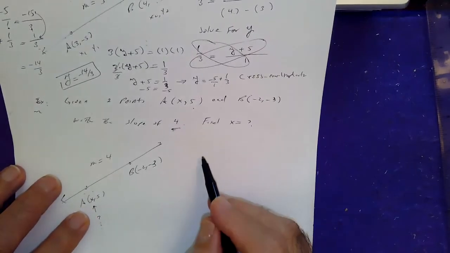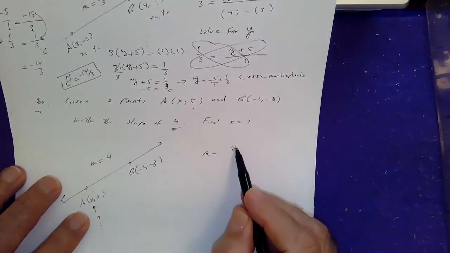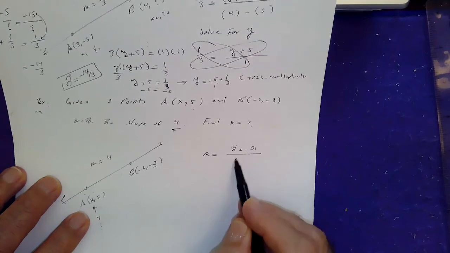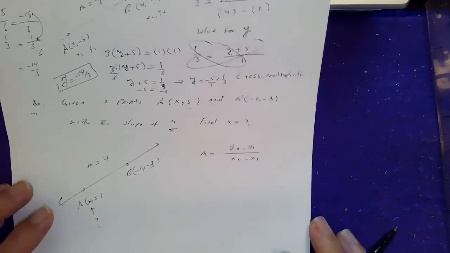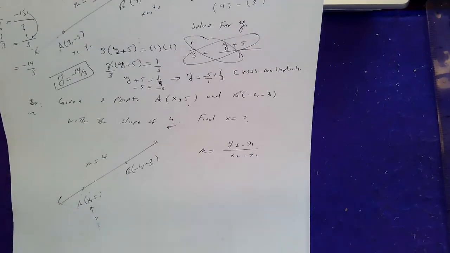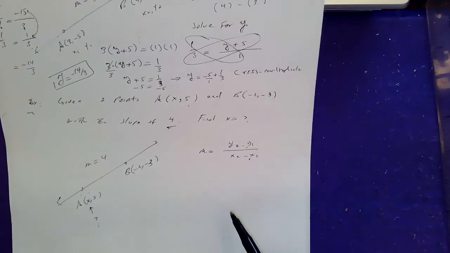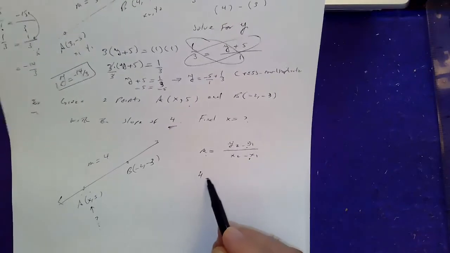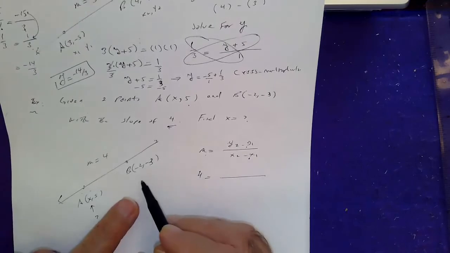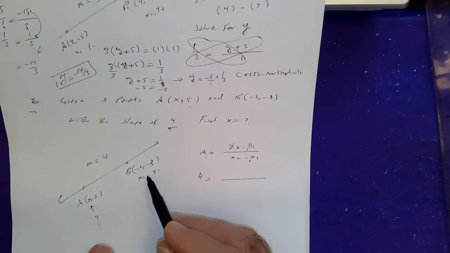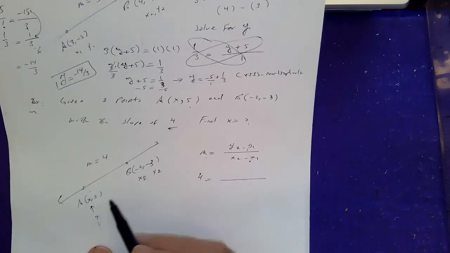How do you find the missing x value? Once again, you always start for these kinds of problems by reminding yourself what the definition of the slope of a line is. Rise over run. Do I know the slope? Yes, I do. It's 4. I'm going to call this x1, y1, and this x2, y2. Not that it matters.